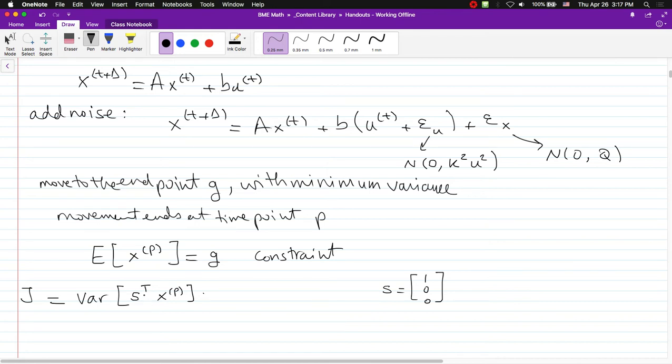Of course, you can make it whatever you want. S doesn't have to be 1, 0, 0, but why not say that I want you to get to the endpoint with as small a position variance as possible. That's what S does. So this is the cost that I want to minimize, under this constraint. On average, I want to land on target while minimizing endpoint variance.